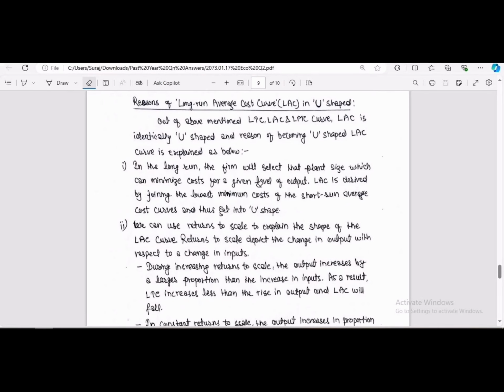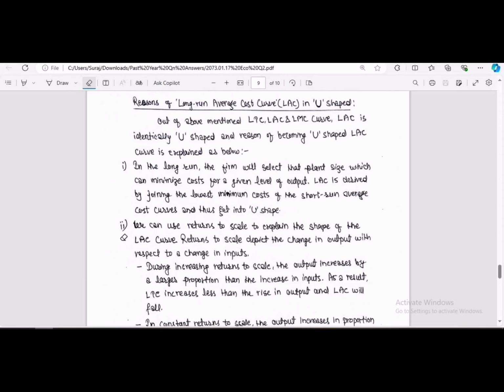In the long run the firm will select the plant size, means 3 plants we have made in the figure. So we have mentioned here, select that plant size which can minimize cost for a given level of output, and LAC is derived by joining the lowest minimum cost of the short run average cost curves, and thus we get the U-shape of LAC. Okay.